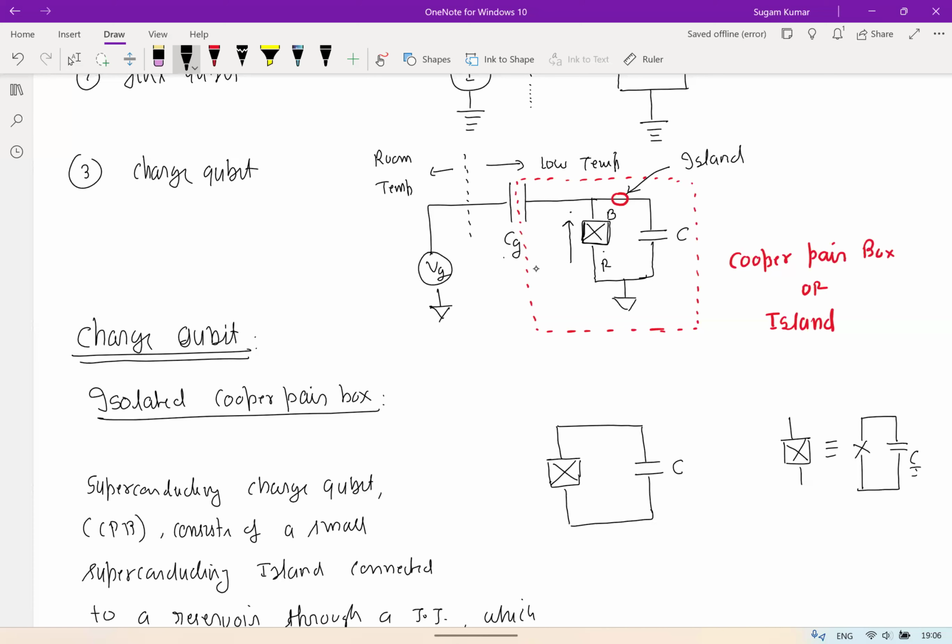Through this VG supply voltage, we apply some voltage on the capacitor, and then the capacitor is going to have some charge.